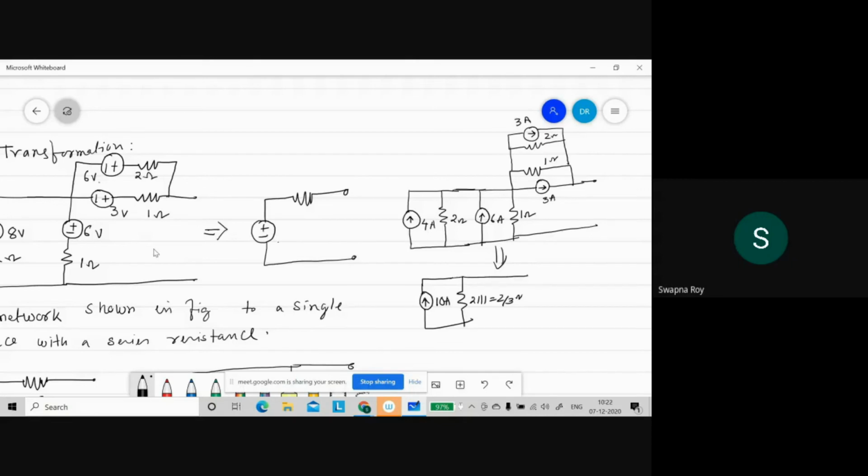Now this is 3 ampere, this is 3 ampere. Again, this will be 6 ampere. And again, 2 and 1 ohms are in parallel, so this will be again 2 by 3. Now this is the situation.